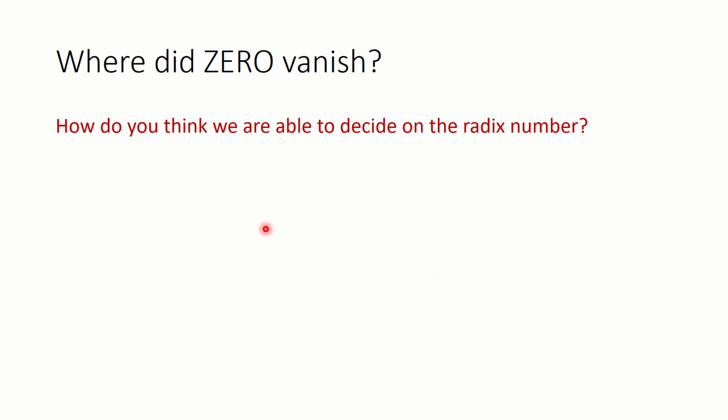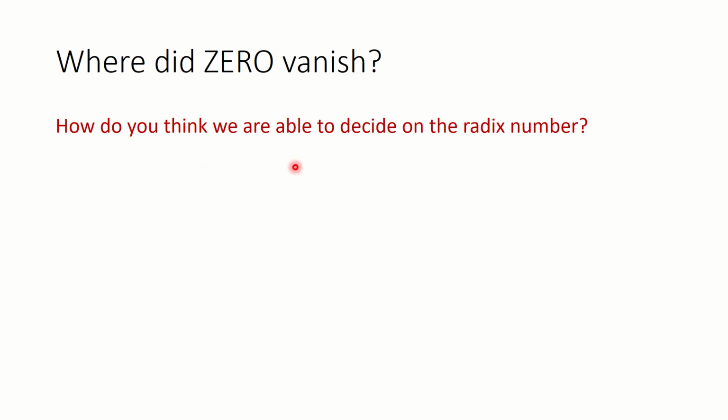So, this is a question now. How do you think we were able to decide on any particular radix number? Any number system we can choose now. In the modern era, number systems can be whatever number system you desire, you can encode any value or quantity in that particular number system.